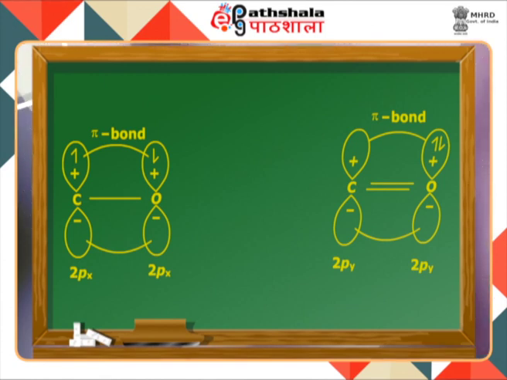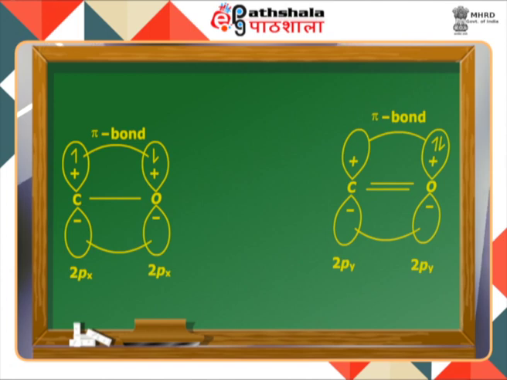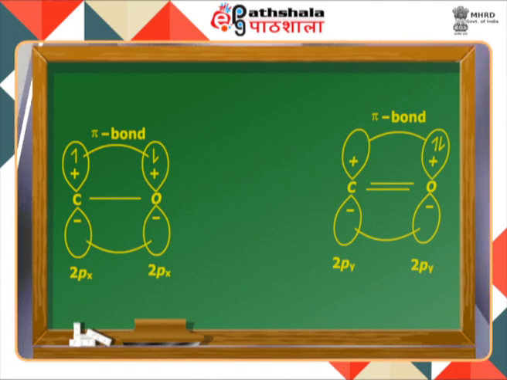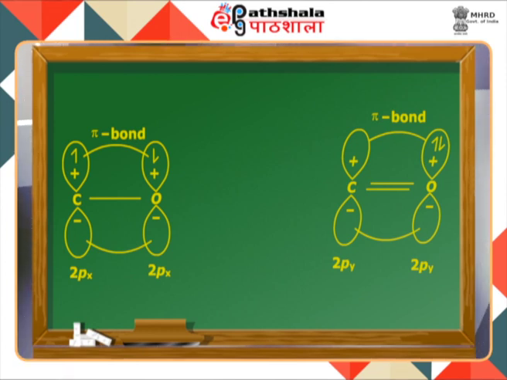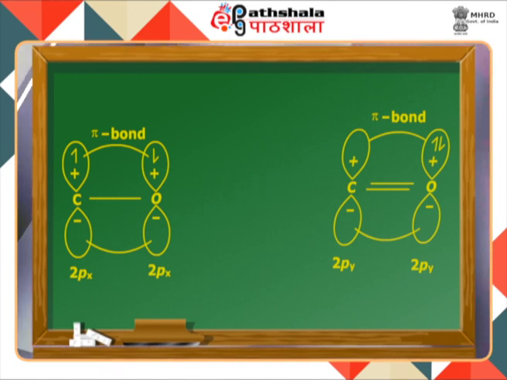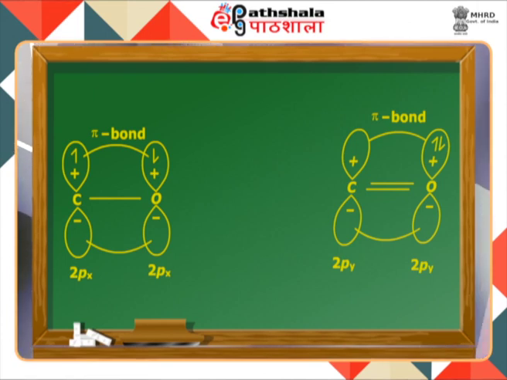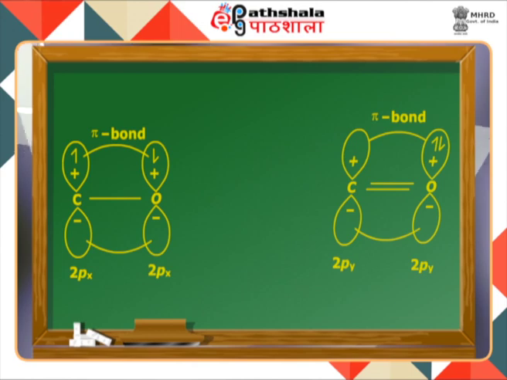The filled 2py atomic orbital of oxygen atom overlaps with the vacant 2py atomic orbital of carbon atom in a sidewise manner, forming an oxygen-to-carbon coordinate bond, which is also a pi bond. According to this concept, there are 3 covalent bonds between carbon and oxygen atoms in the carbonyl molecule, and both the carbon and oxygen atoms have a lone pair of electrons in sp hybrid orbitals.